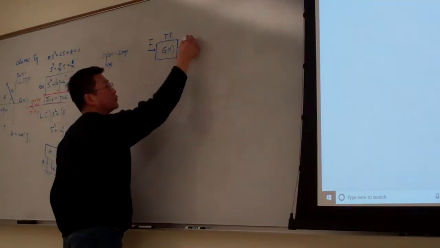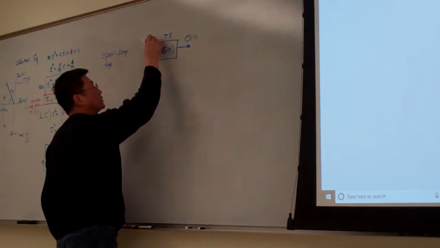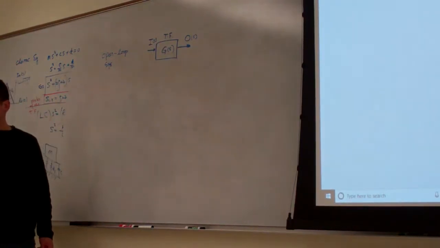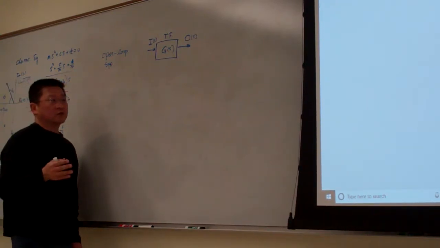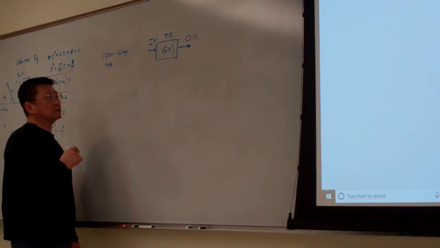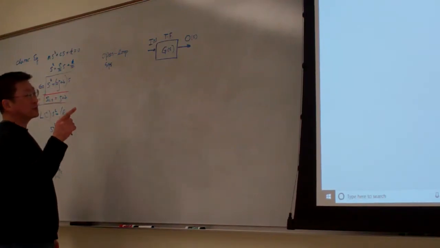Right now we describe everything in the S domain, so that means you convert by Laplace transform all the time domain information into the S domain. So the open loop system is the first one.